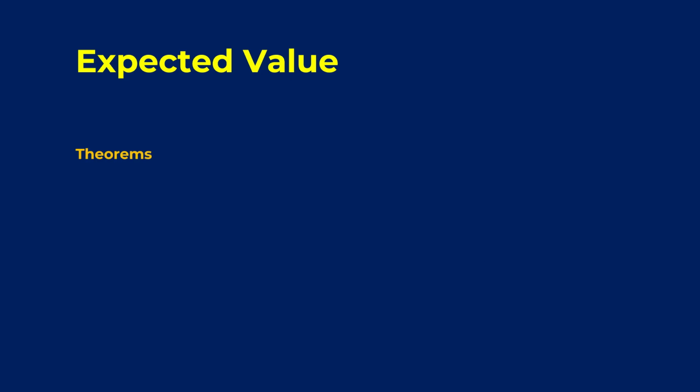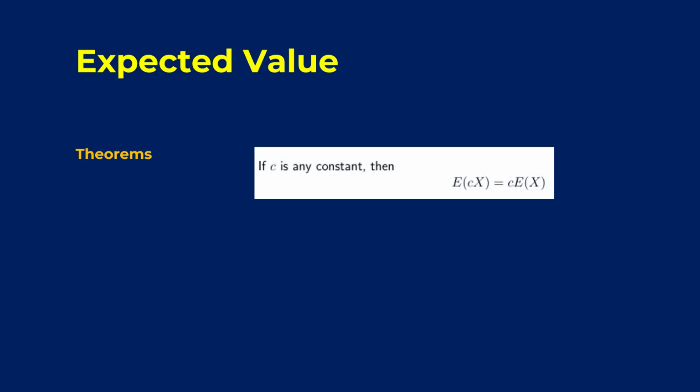Let's look at some theorems that are very useful or handy when it comes to solving problems. The first theorem is: if C is any constant, then the expected value of C times x is equal to C times the expected value of x.